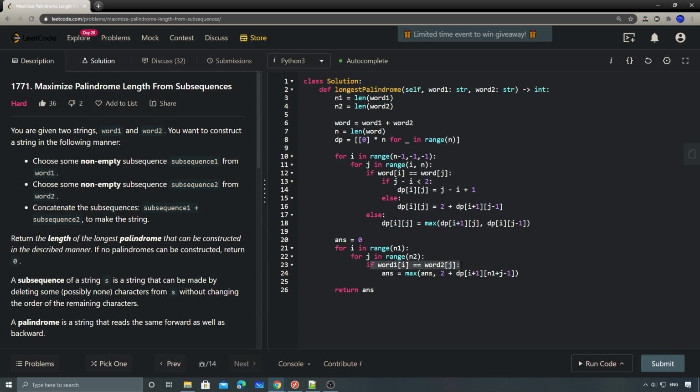As long as we have two letters that are equal to each other in both word 1 and word 2, we know there must be a palindrome in between, and then we can utilize the preprocessed DP array to help us quickly calculate the palindrome in between.